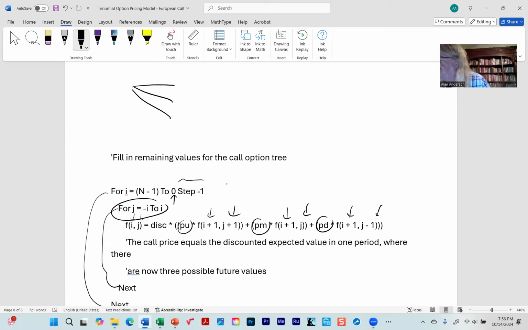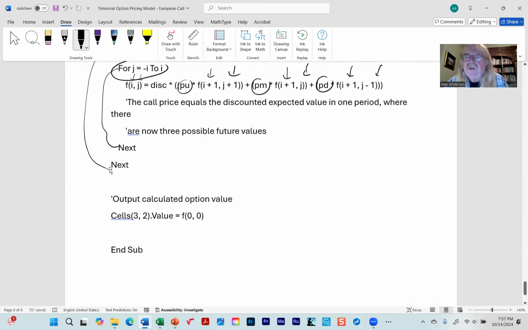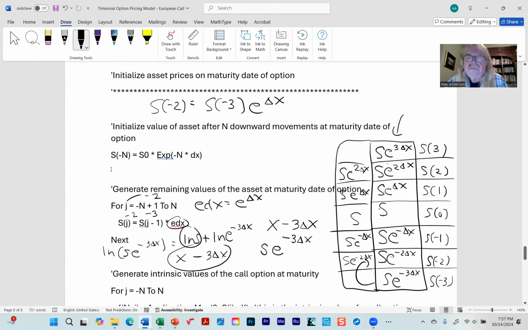Or if you're in the bottom, you can change this. The whole idea here is you may be in a position where you don't want this asset price to go too high or too low. So within the same tree, you can still switch. Here, we don't have that. It's just going through the whole thing. But it would be easy to add that to the code if there's a good reason for it.